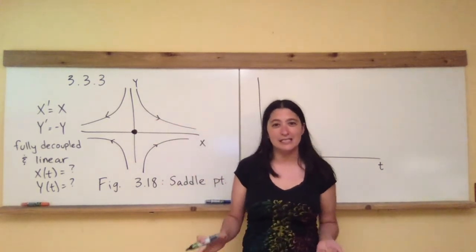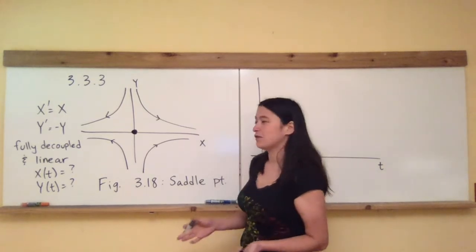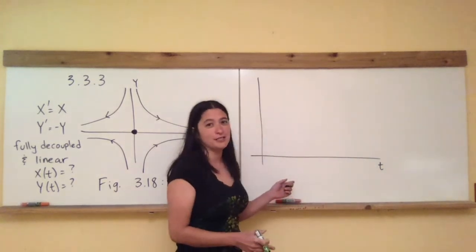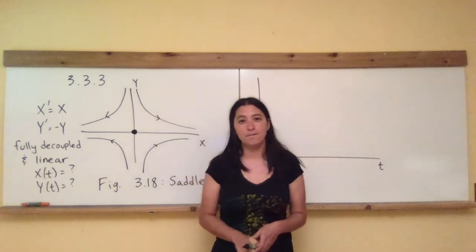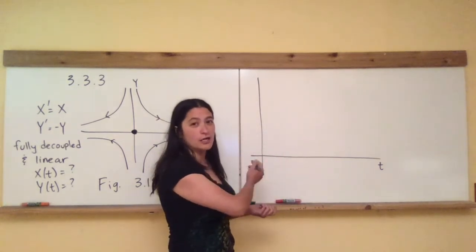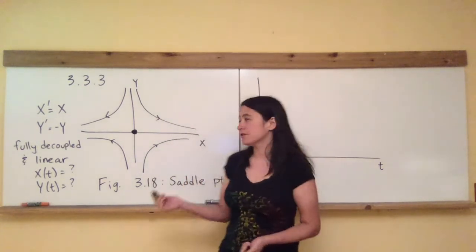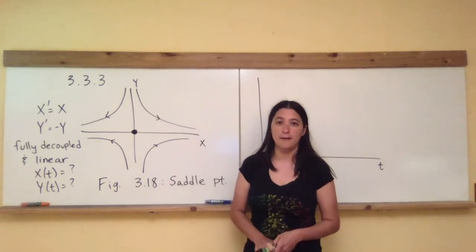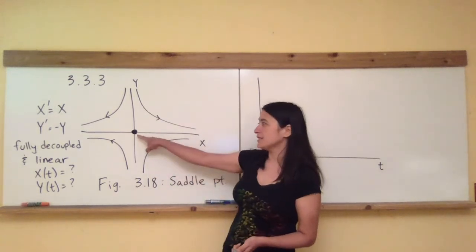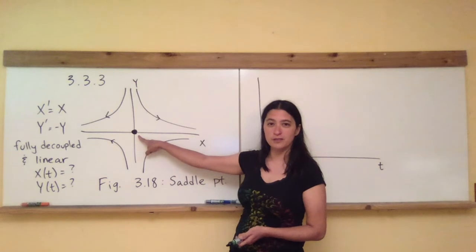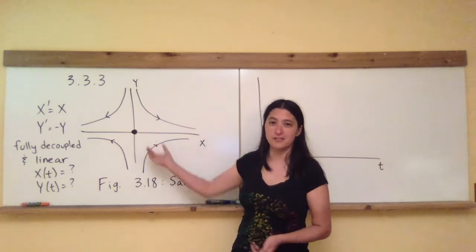That's going to be the easiest one to pick because it represents constant behavior in time, right? So I'm just going to draw horizontal lines for both x and y for whatever they're represented by this equilibrium point. So what's the value of x at this equilibrium point? And what's the value of y? They're both 0, right?